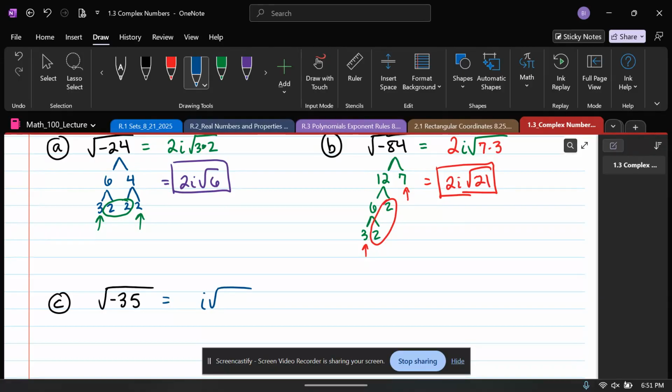Now I'm going to figure out if there's anything else that comes out with that. So break down a 35. Okay, 7 doesn't break down any further. 5 doesn't break down any further. So I don't have any pairs. Multiply those back together. i radical 35. Boom. The only thing that came out was the i because there were no pairs. That's nice. That's not too bad.